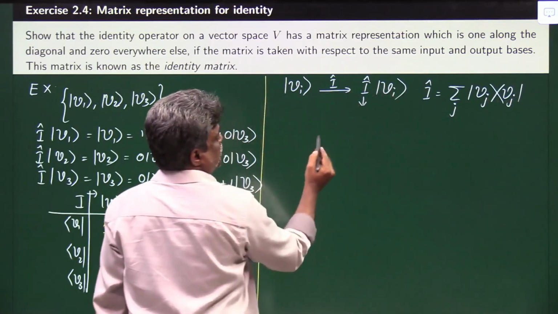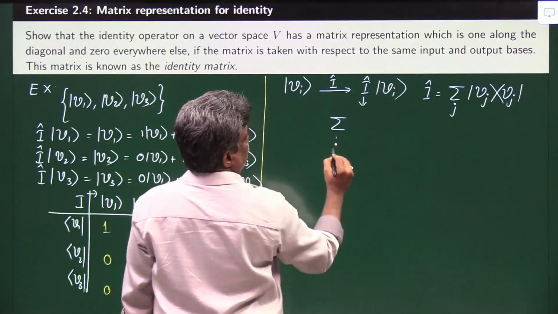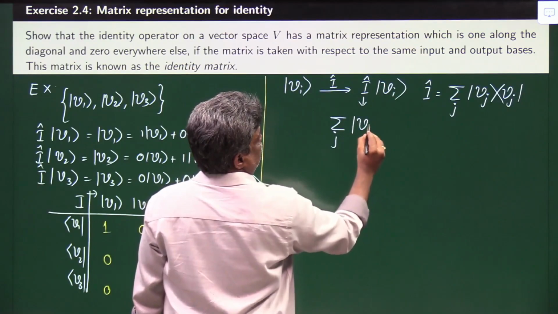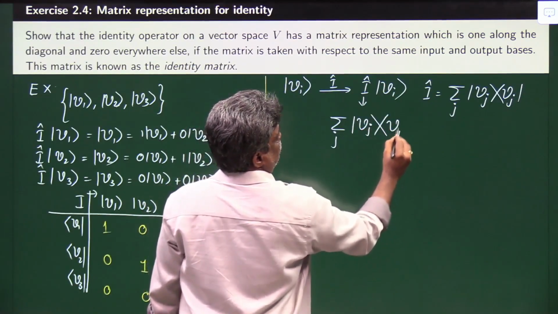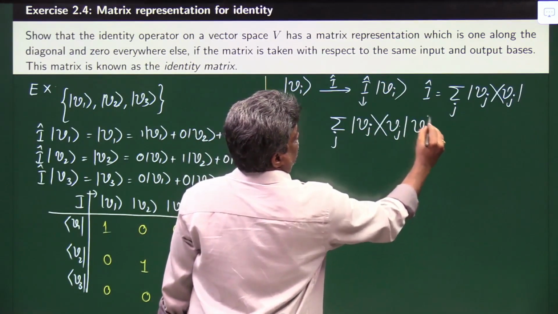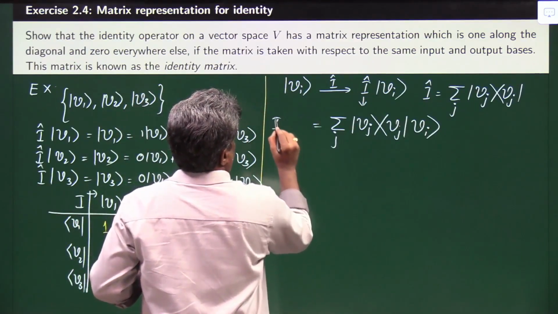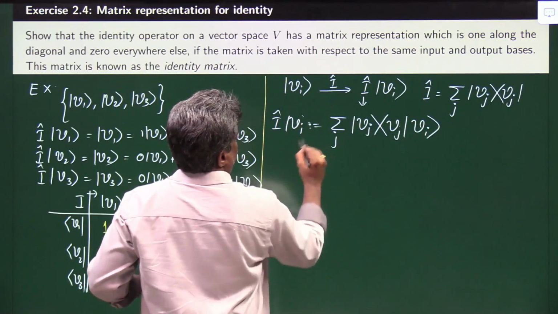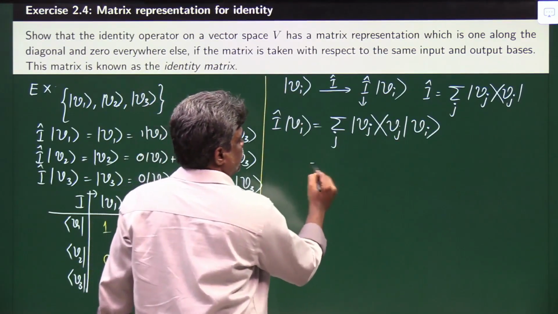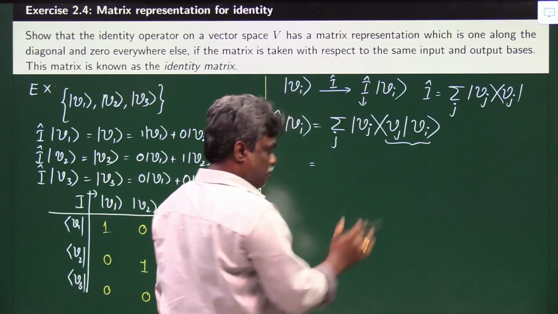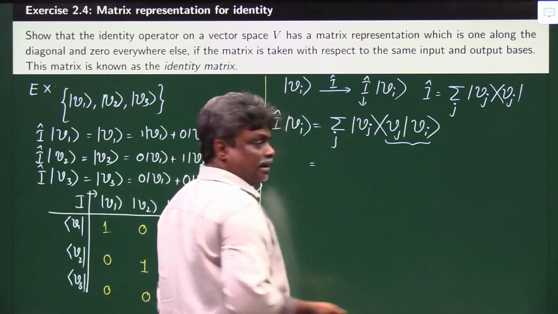Now just take it and substitute. Summation over j, this is the outer product Vj into Vi. Now this is nothing but the identity operator operating on Vi. If you carefully observe, this is nothing but the inner product, which is a scalar.